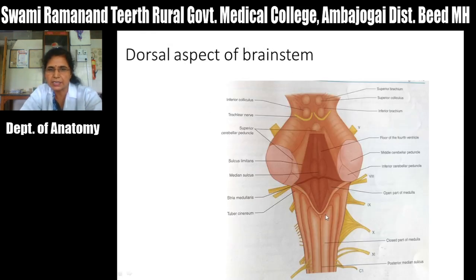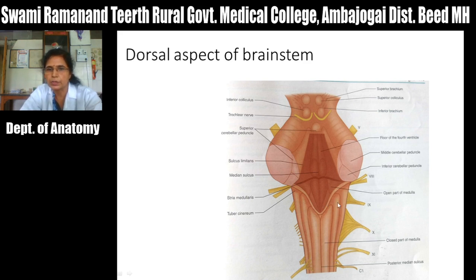Then on each side there are elevations: the medial one is called the gracile tubercle and the lateral one is called the cuneate tubercle. These two elevations are produced by the nucleus gracilis and nucleus cuneatus beneath them.